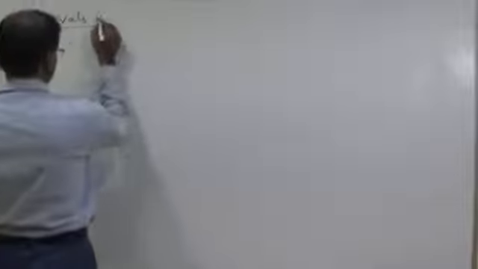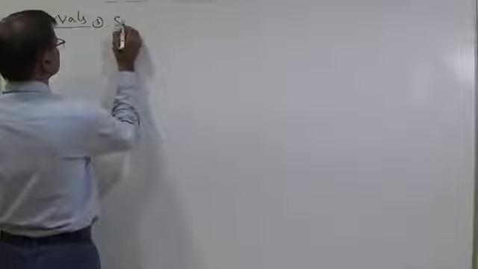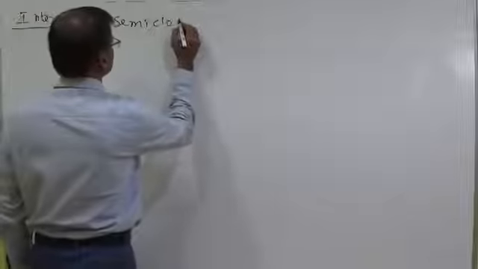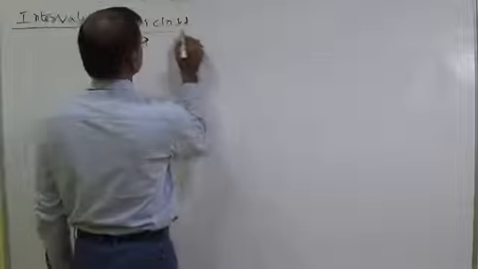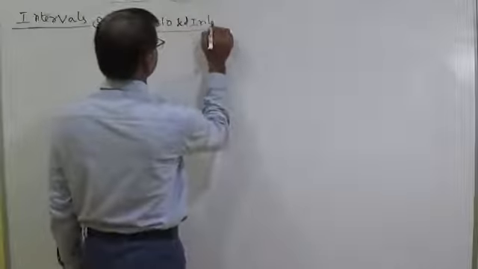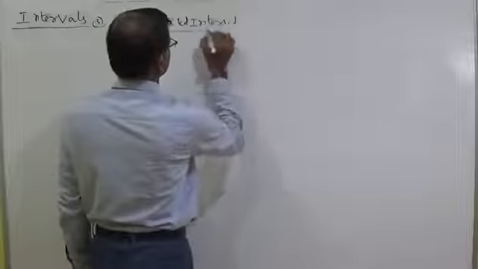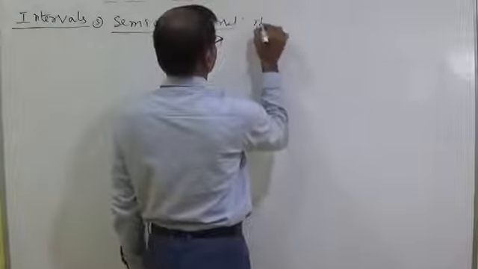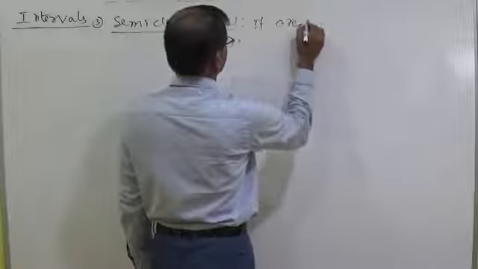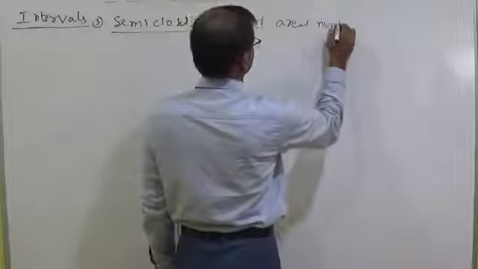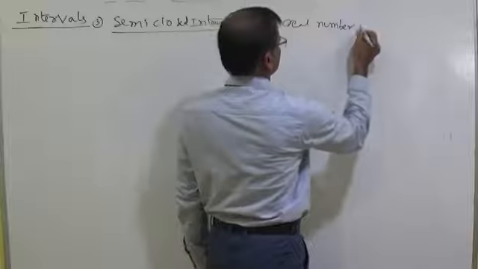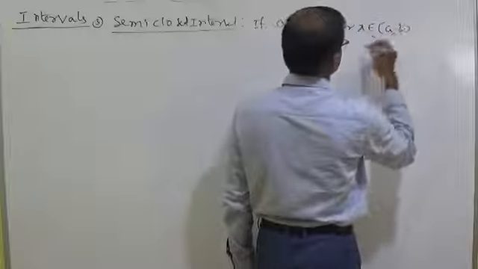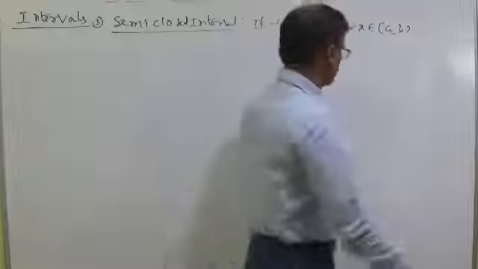Third one, semi-closed interval. If a real number x belongs to, the notation is like this: x belongs to [a, b).